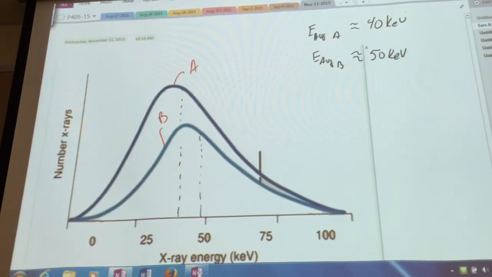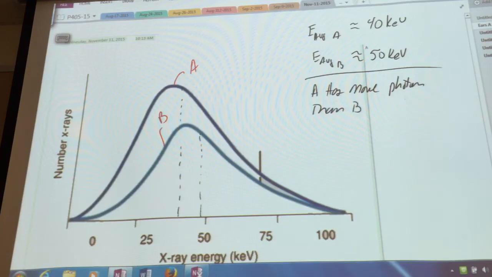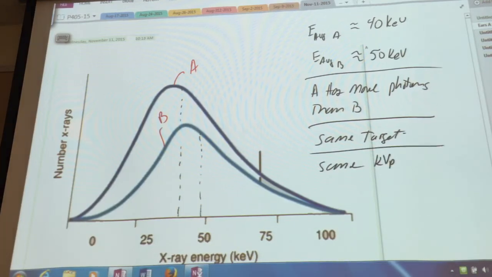And then let's just remind ourselves of what the other major factors are. A has more photons than B. You have the same target and the same KVP.